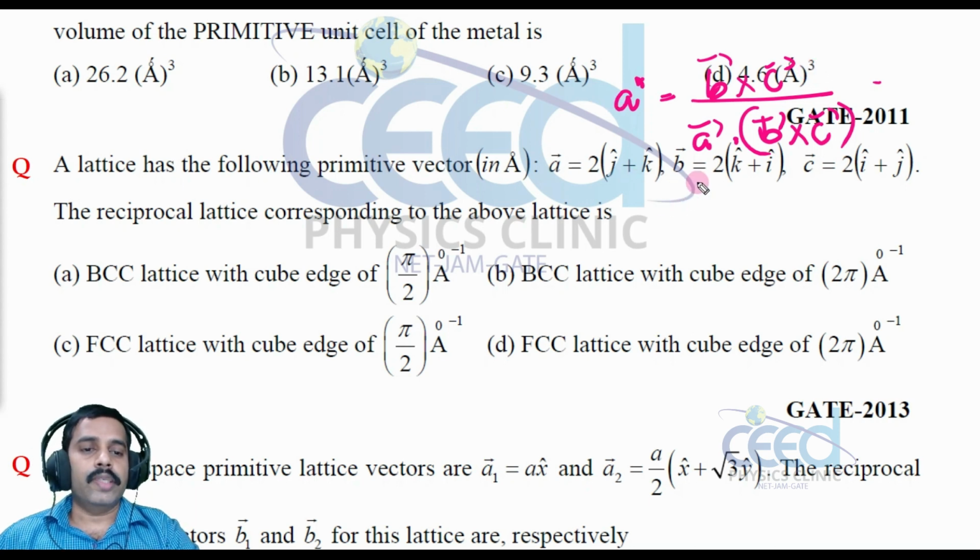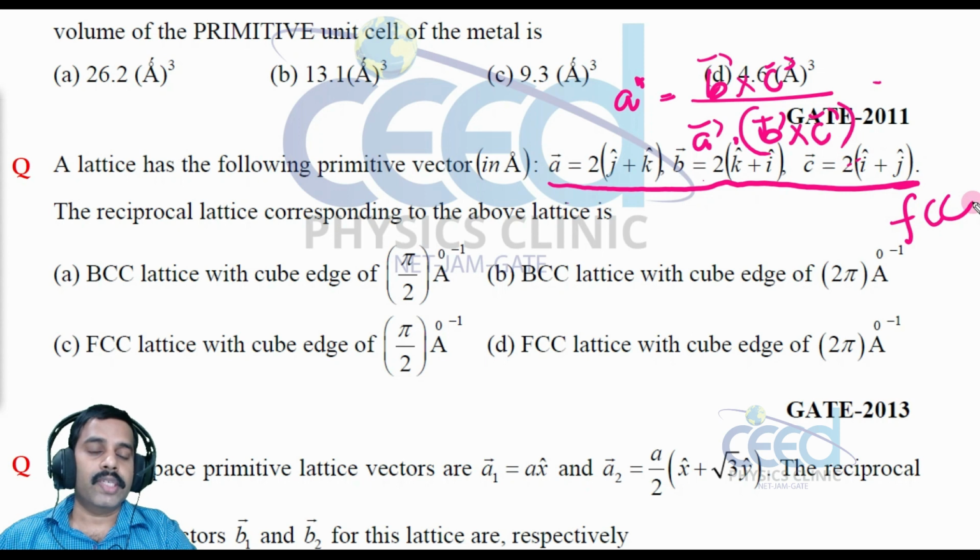So we can calculate B cross C divided by A dot B cross C. All right. So from this it is clear that these are the primitive lattice vectors of FCC. We have already seen, right?